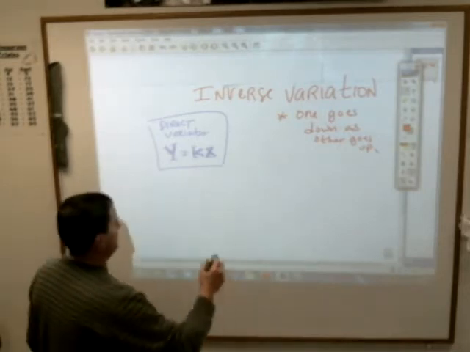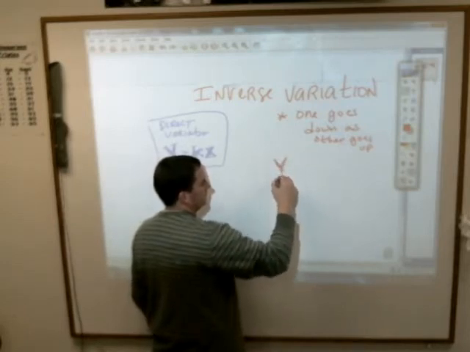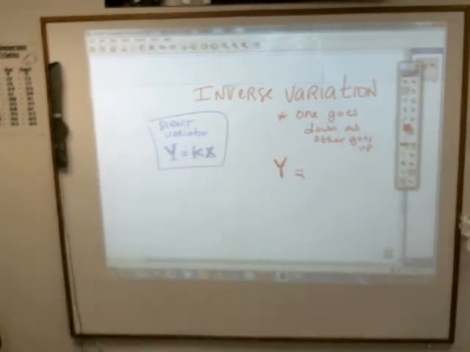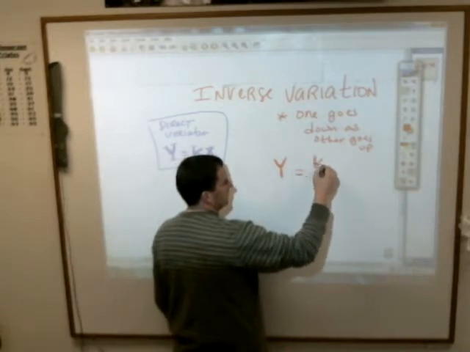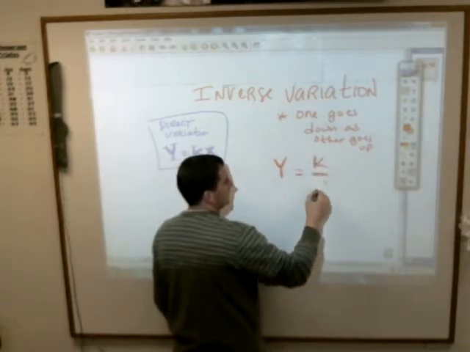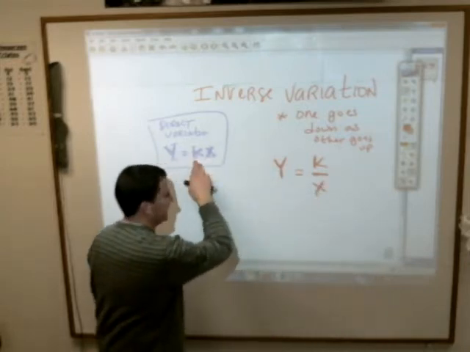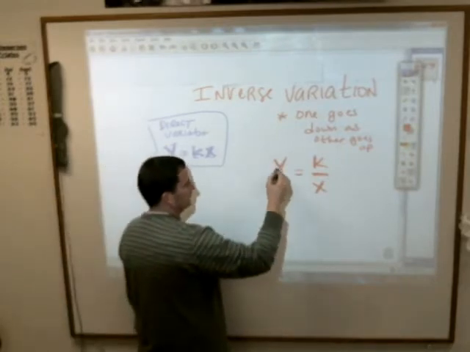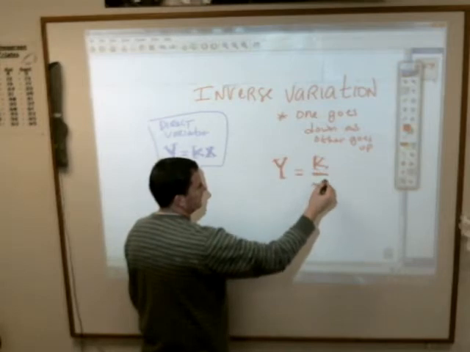It is y equals k over x. And by the way, the k was the constant of variation, if you remember. Like if you were going 10 miles an hour, you would use 10 for your constant of variation.